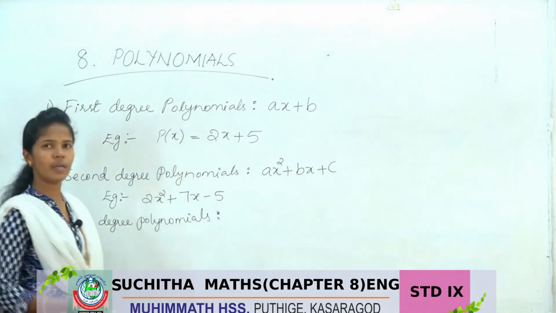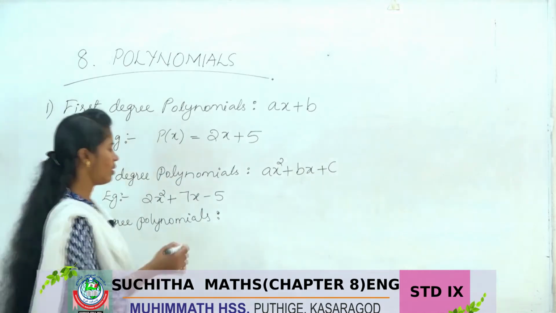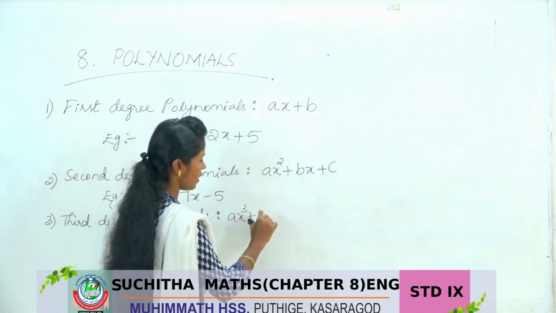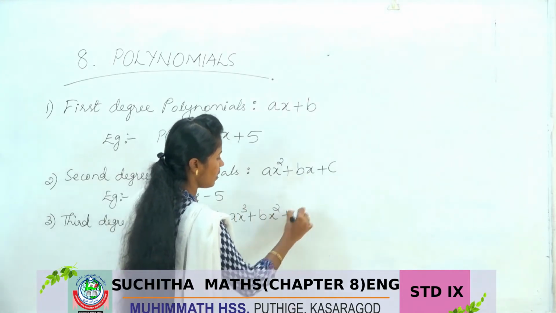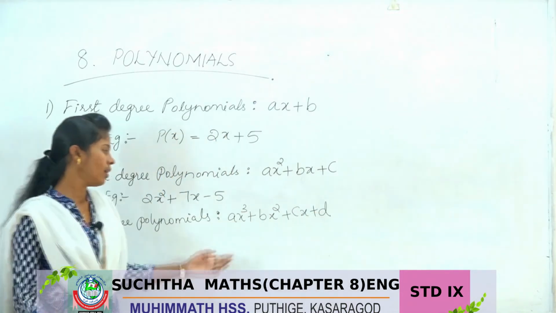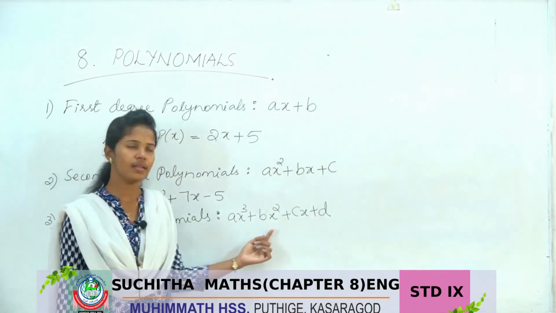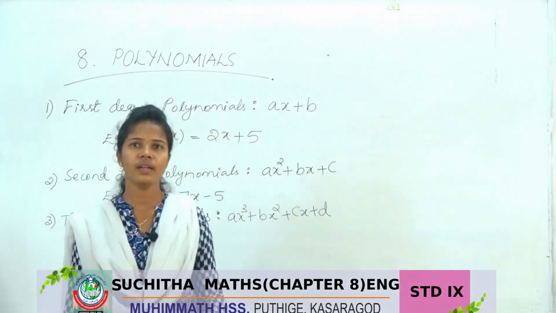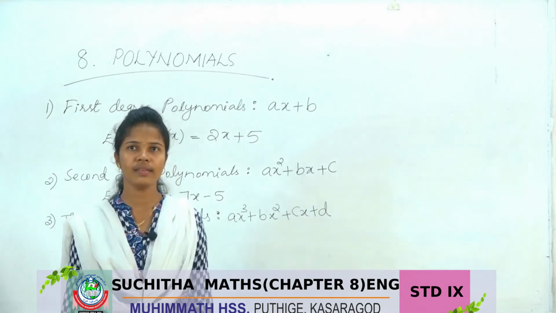Third degree polynomials are in the formula ax cube plus bx square plus cx plus d. Here the highest power of x is 3. Therefore, the polynomials with the degree 3 are called third degree polynomials.